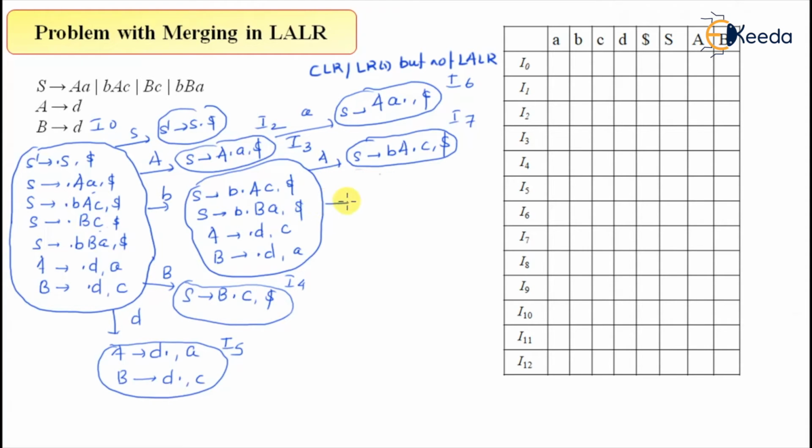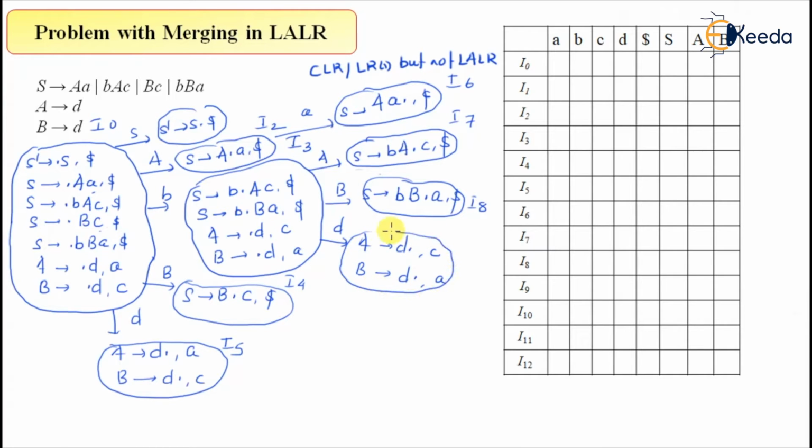On input capital B, this will become S derives bB dot A followed by dollar, and that state is I8. On input d, it will be A derives d dot followed by c, B derives d dot followed by a, and that state is your I9 state.